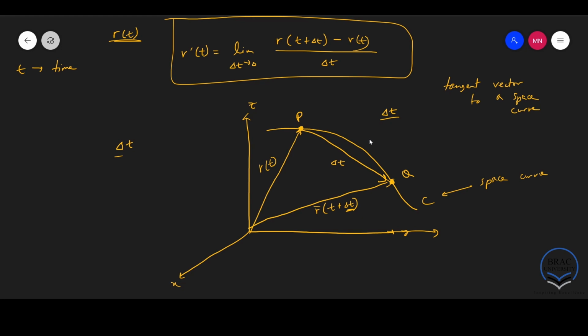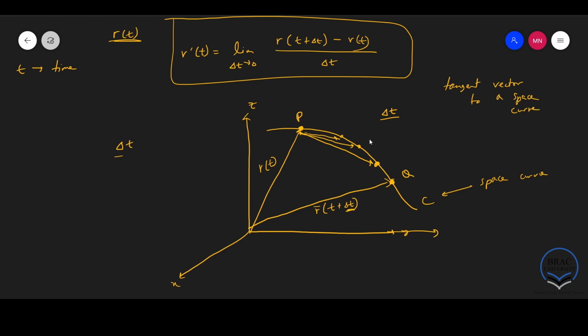If I find the derivative of a vector function, I will get a tangent vector to this space curve. So what happens when delta t approaches 0? What happens when delta t gets smaller and closer to 0? Then this point Q gets closer, and we will have lines like this.